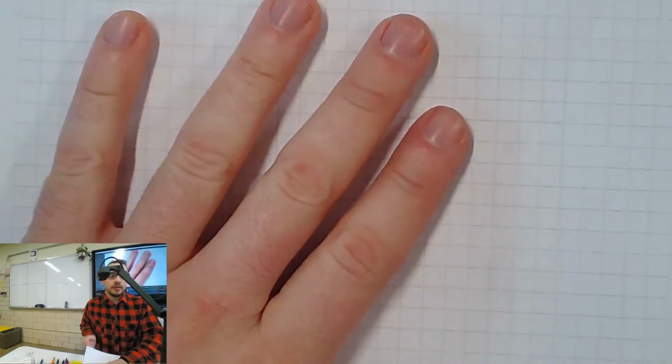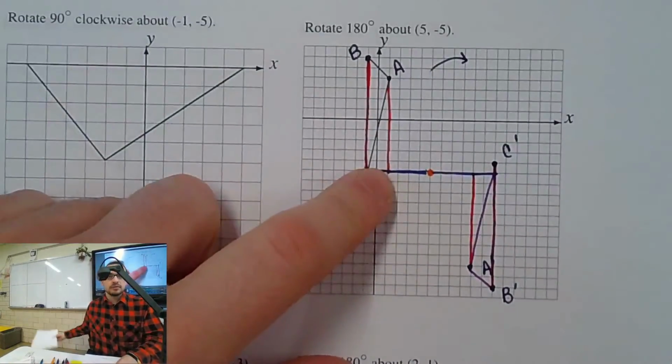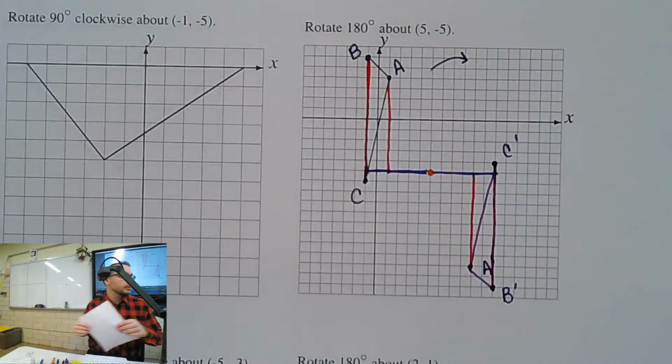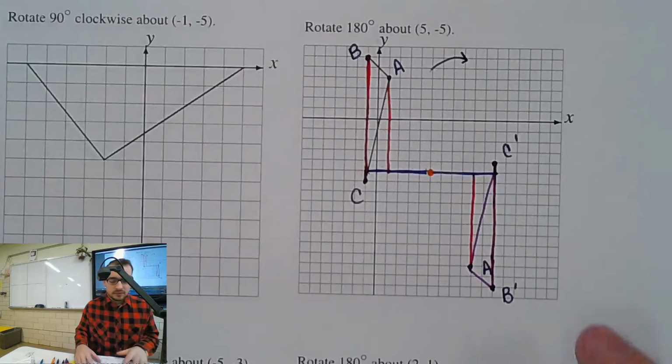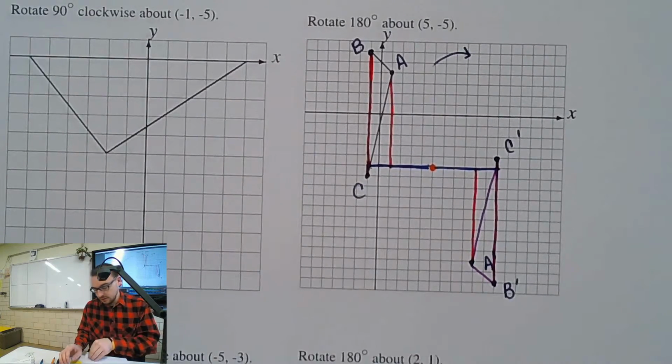Use a new part of the paper, retrace, do your lines, put the point, repeat. You can do that if you don't like having all your sketch marks on there. It's up to you. I do them all at once because I've had experience and I can see through them. But if you're struggling with that, I can show you how to do that. All right, let's flip to the answer key.